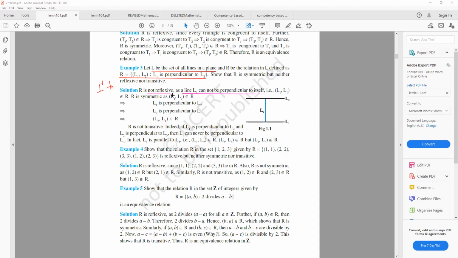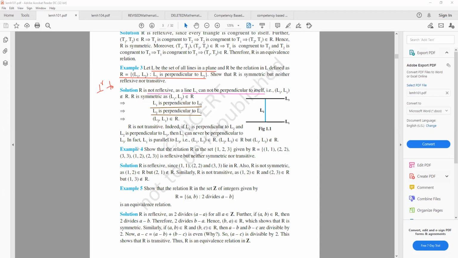So it is not reflexive. Then we know that symmetry क्या क्या check करना. If L1 is perpendicular to L2, then automatically L2 is perpendicular to L1. So that means it is symmetric.